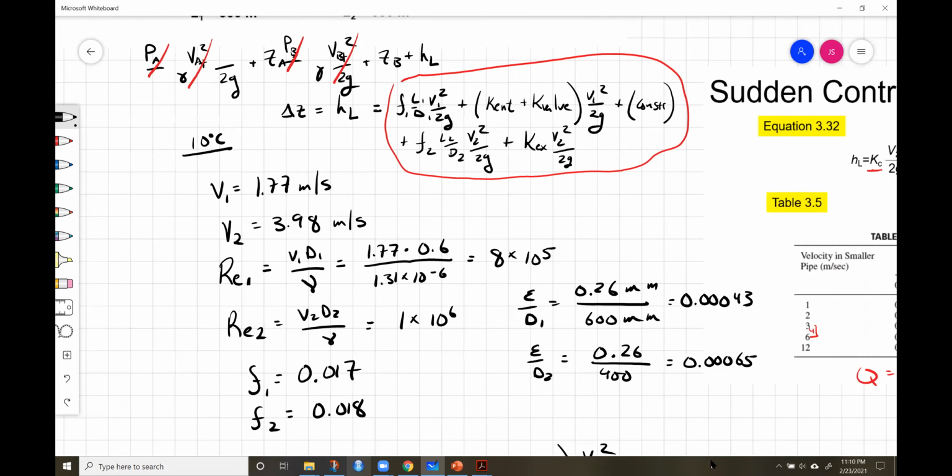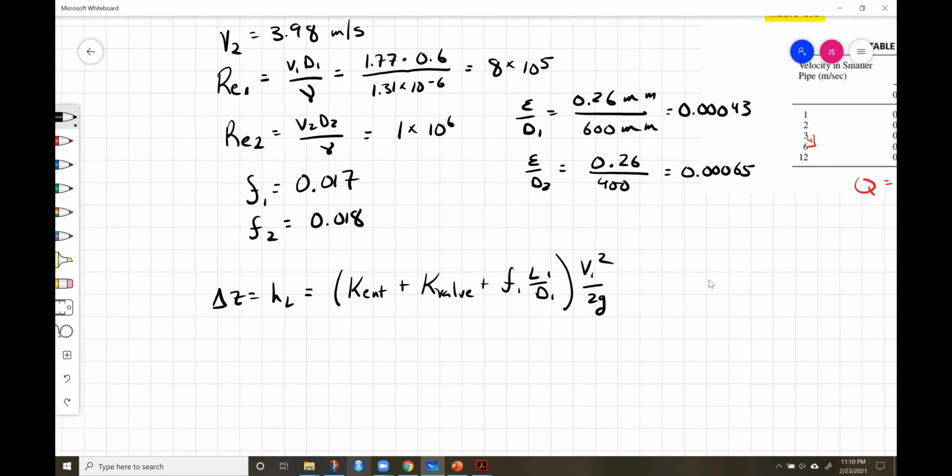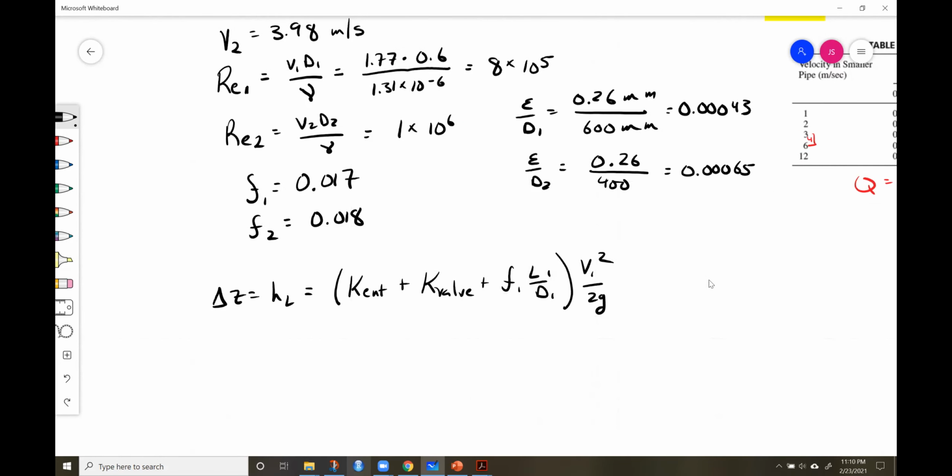Double check. Yeah, it looks good. And then that's for pipe 1. And then for pipe 2, we have our contraction plus our exit times V2 squared. Oh, I forgot something. Major loss. And let's just do it in order, right? f2 L2 over D2 plus our exit.